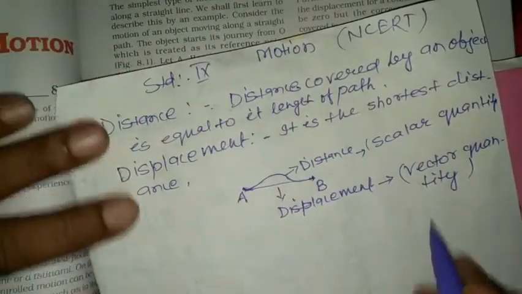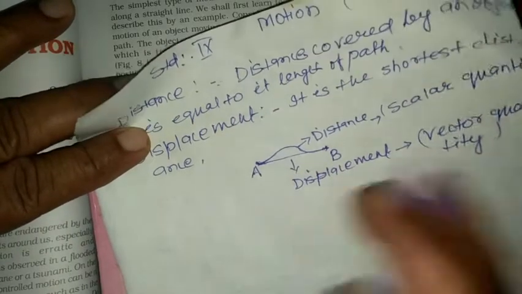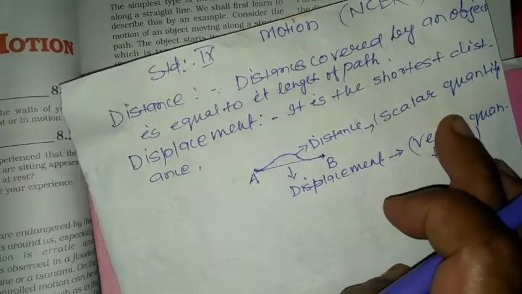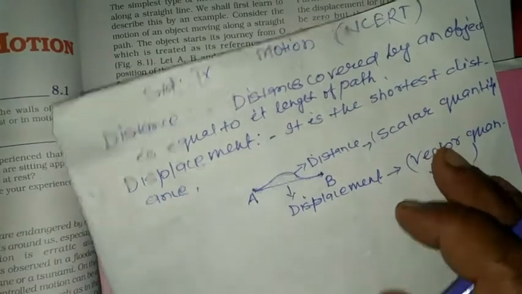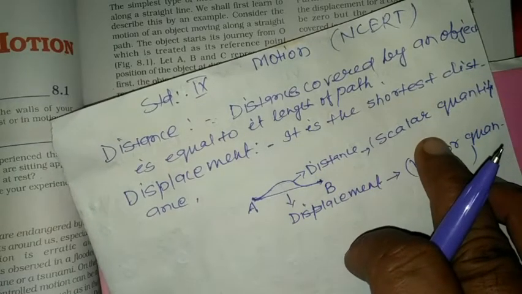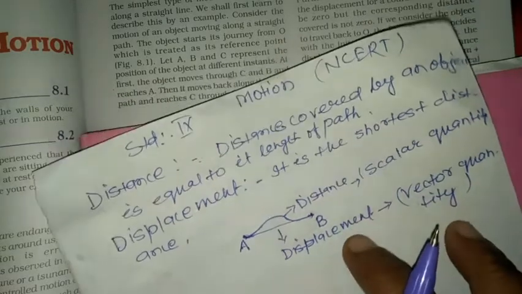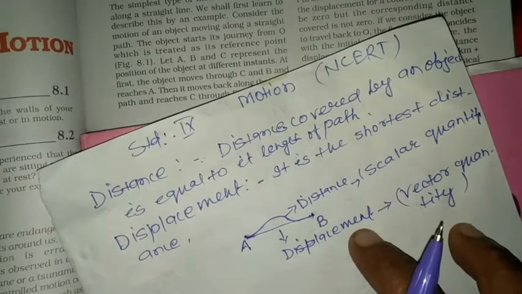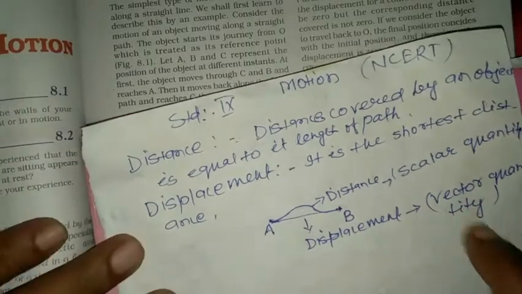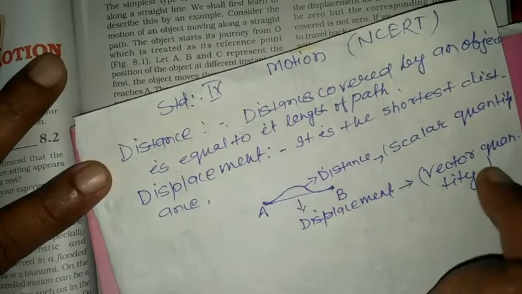Now see, what is a vector quantity and a scalar quantity? Regarding a scalar quantity, we define it as a quantity which has only magnitude. But displacement is a vector quantity, and we define a vector quantity like this: a quantity which has both magnitude as well as direction.